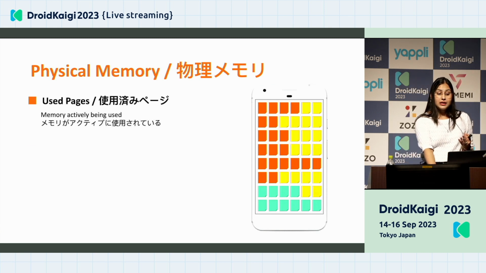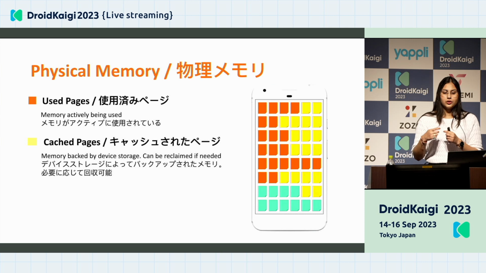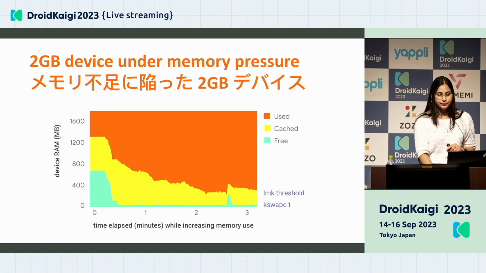Then there could be cache pages. These are the pages that the processes are using, but some part of them is still present in the main memory, so we get fast retrieval of data. Then there come free pages, which are pages of memory sitting idle on the device.